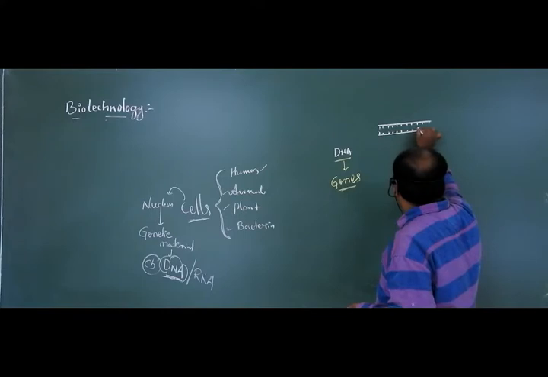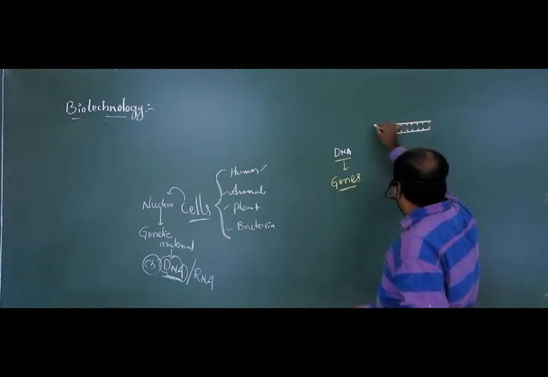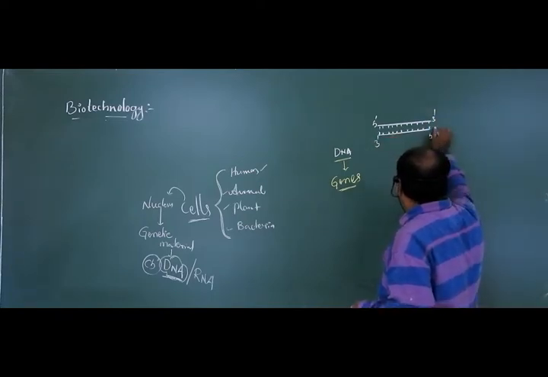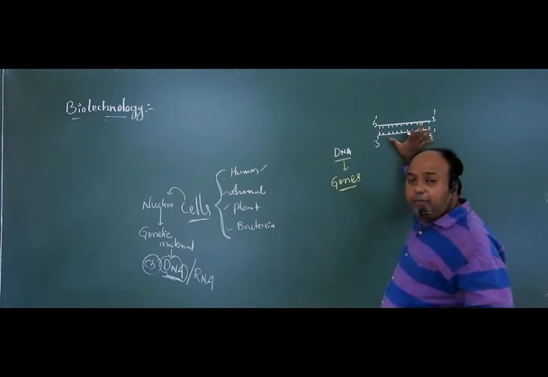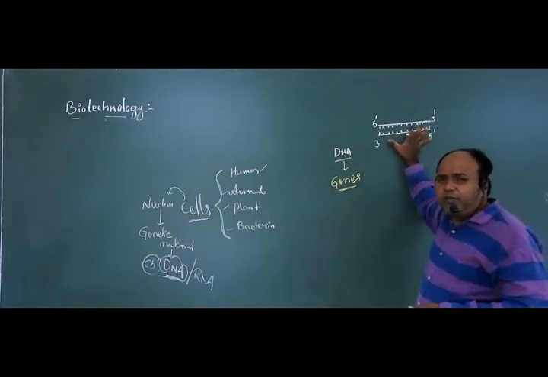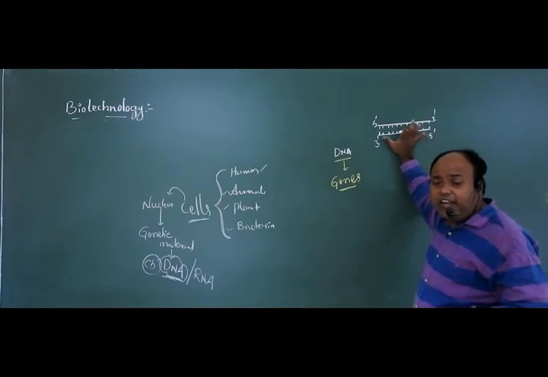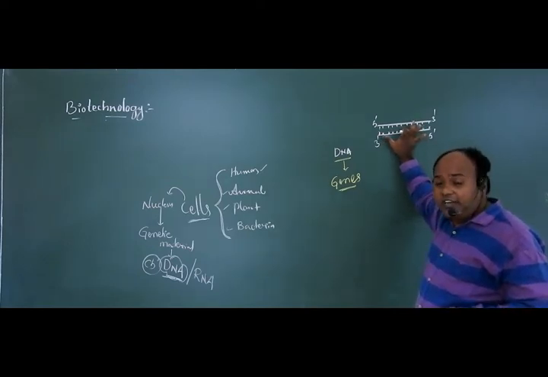In the double-stranded DNA, one strand runs 5 prime to 3 prime, and the other strand runs 3 prime to 5 prime. Just imagine this is the complete DNA. Then what is a gene here?